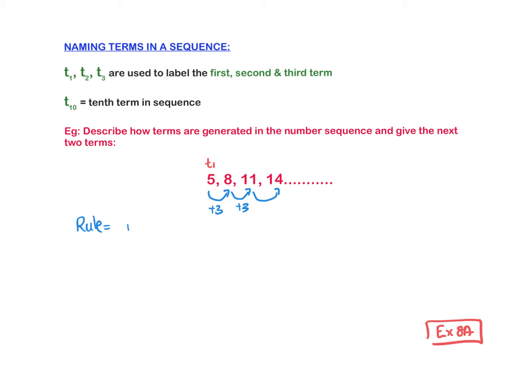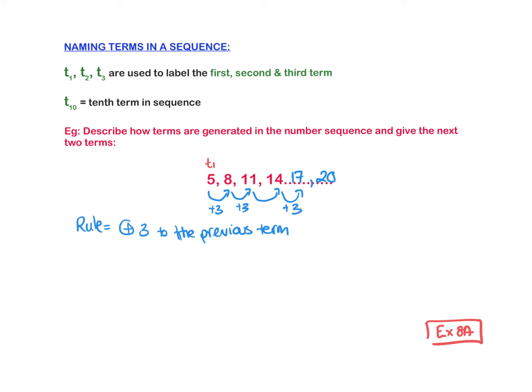So the rule is we're adding 3 to the previous term. I can describe how this sequence is made by adding 3 to the previous term. It says give the next 2 terms, so the next one would be 17 and the next one would be 20.